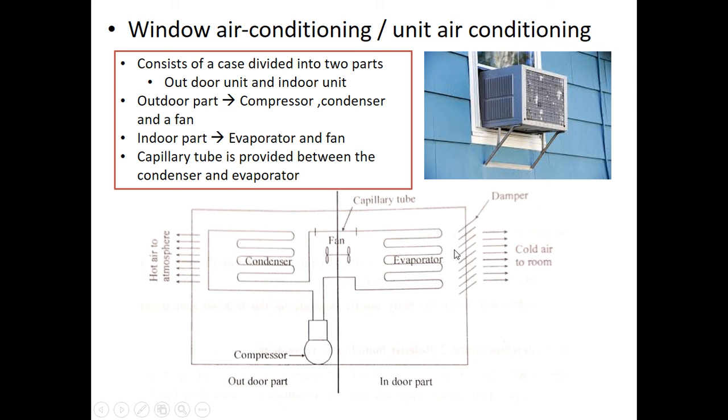Look at the damper. This is the room where the cooling is required, and the cold air is delivered to the room. Inside the room, which is the indoor part, is where the cooling is required. Ultimately, the liquid refrigerant evaporates by absorbing latent heat of vaporization from the surrounding air, and once the air becomes cold, it is delivered to the room using a fan.